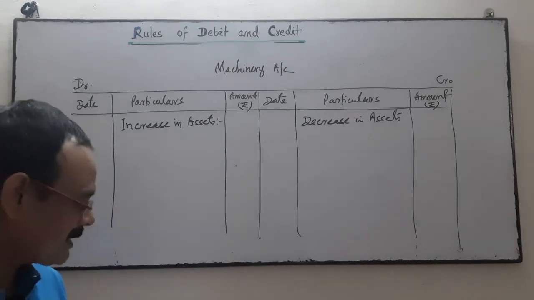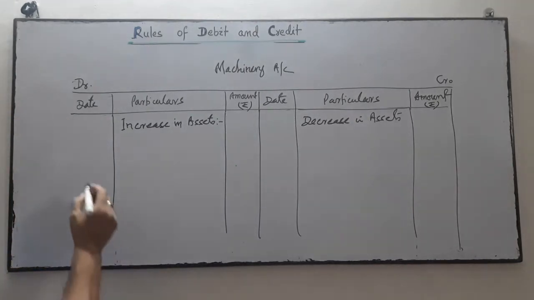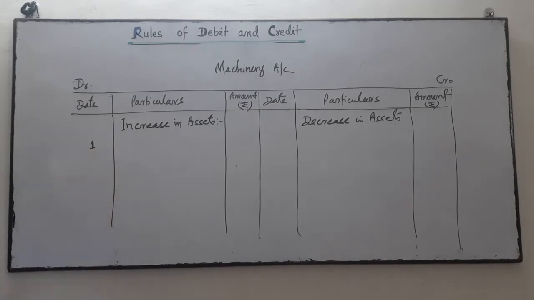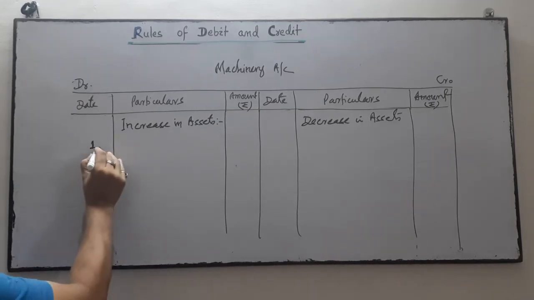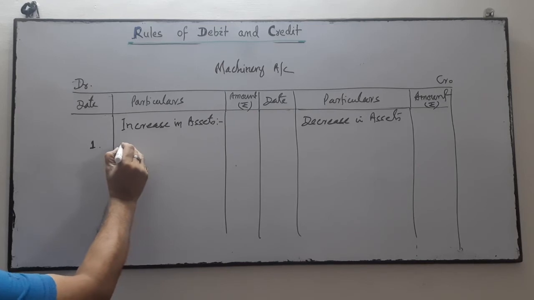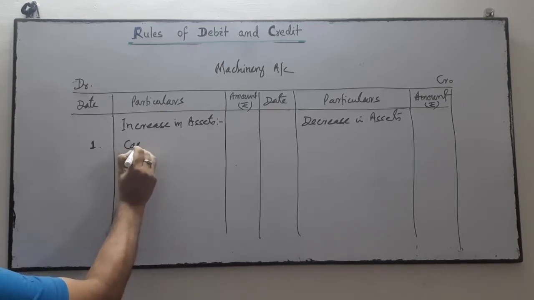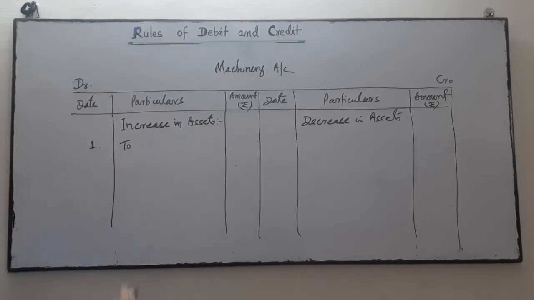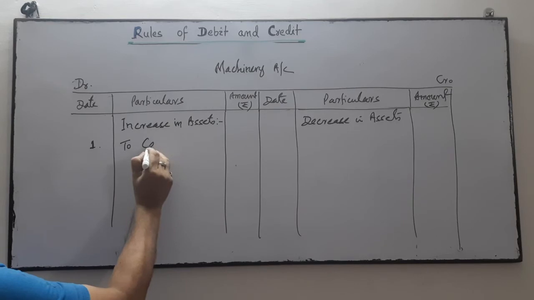So start with the machinery purchased. When we purchase the machinery, it's transaction number 1. I have written the serial number in the date column. We purchase the machinery, so we write to cash.